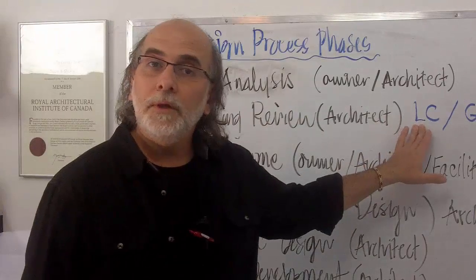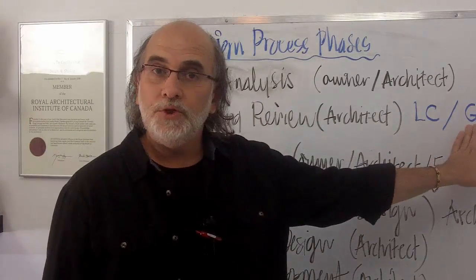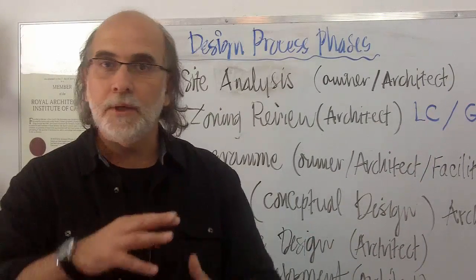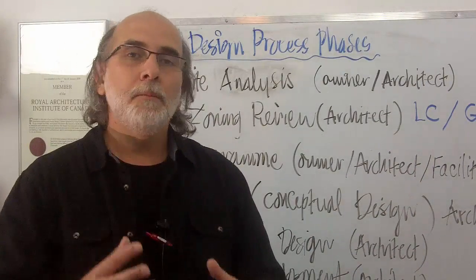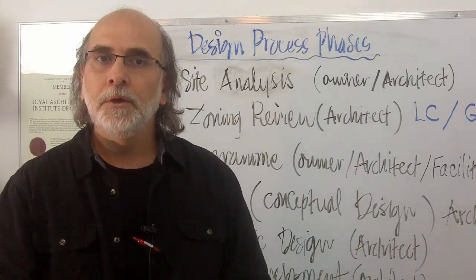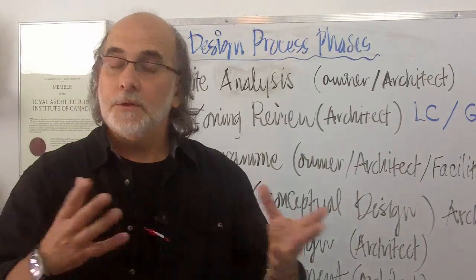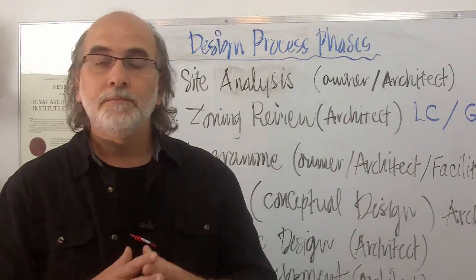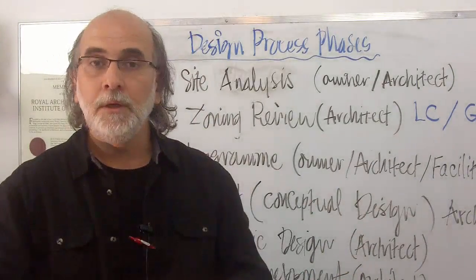So we started with the lot coverage, and then we go to GFA, and then you have a box that you can play around with. So that box, let's say 300 square feet area lot coverage, 900 square feet, because your index is 0.9, then you can build 3 floors, but that doesn't have to be a tower.